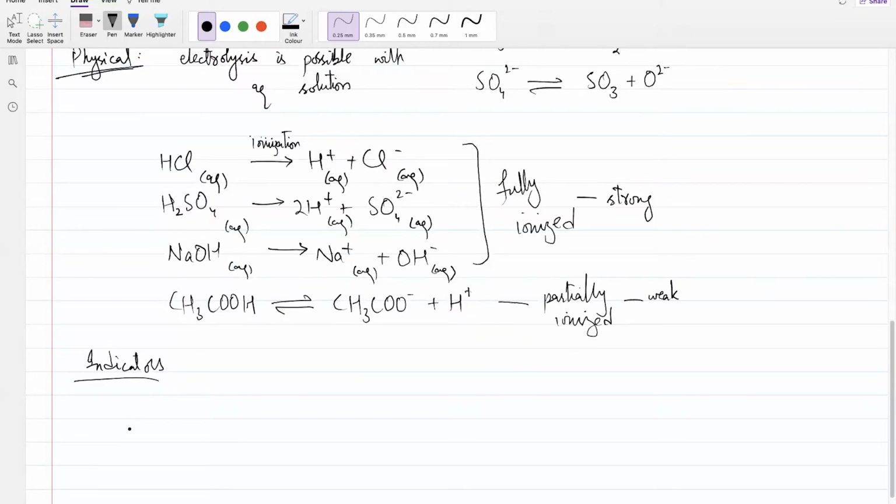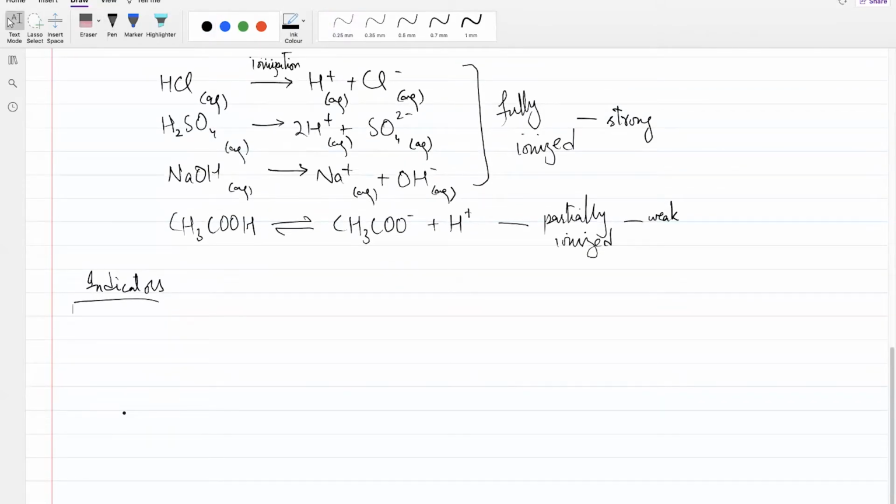These are chemicals that tell us, without having to do a lot of theory application or setting up a lot of things, you just use them to see whether something is acidic or basic. There's only one indicator in our syllabus that tells us whether it is a strong acid or a strong base or a weak acid or a weak base, and that is called pH.